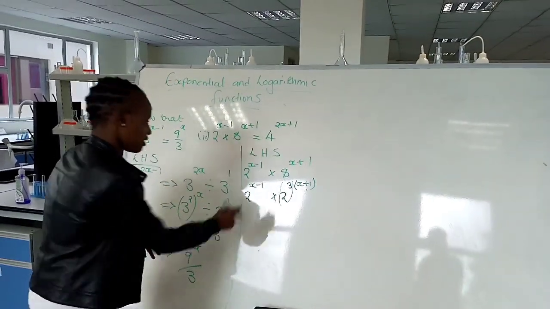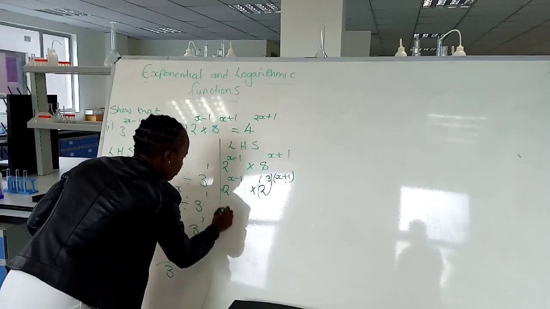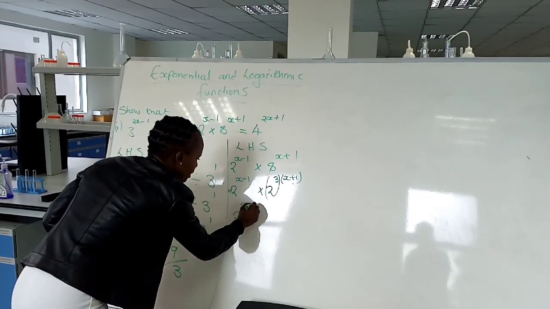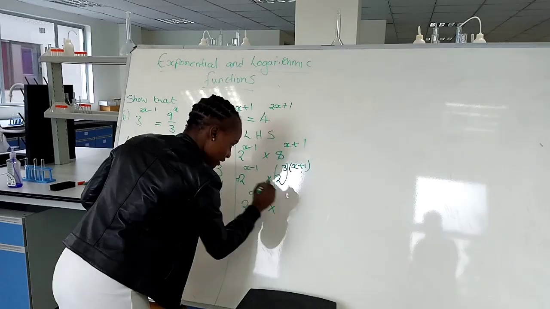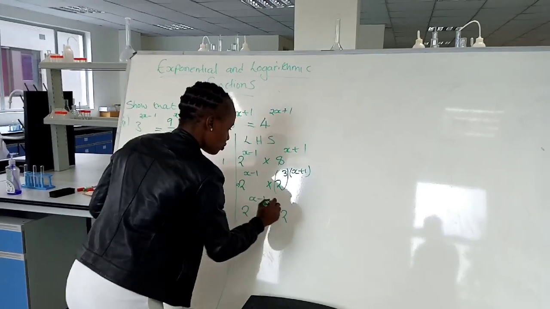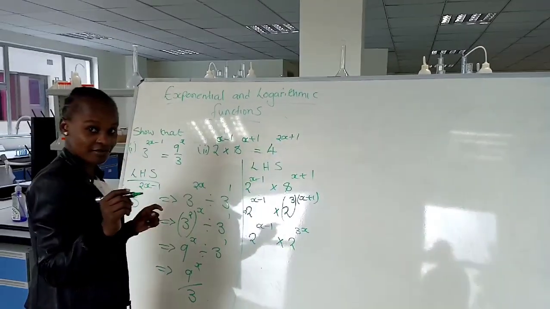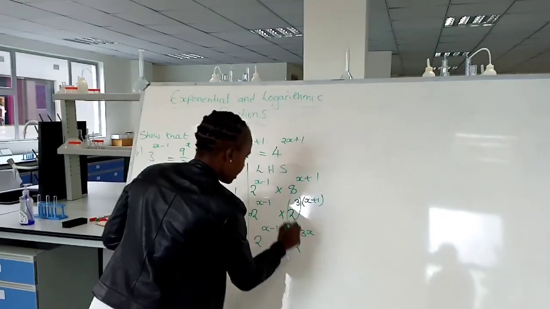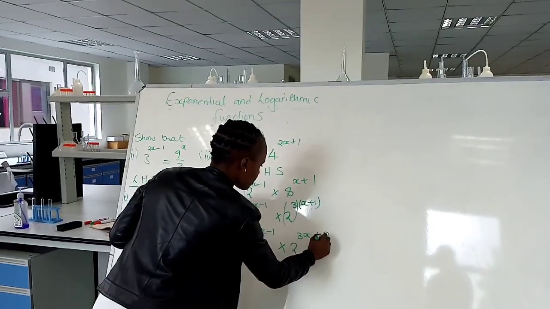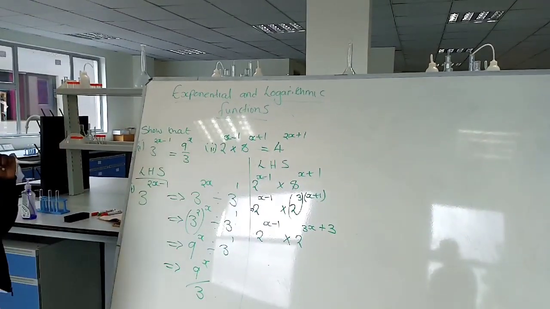Then from here, we're going to have 2 to the power x minus 1 multiplied by 2 to the power 3x, then plus 3 on the other side.